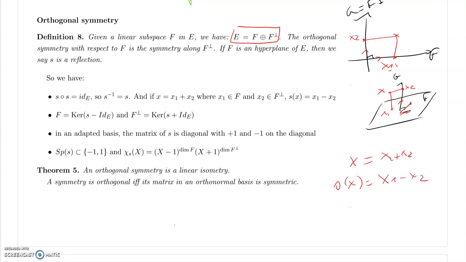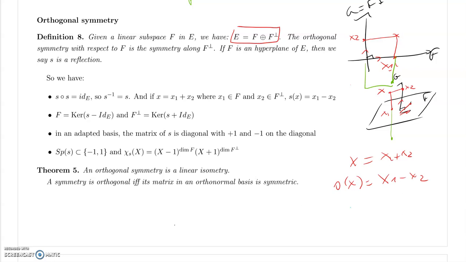You keep the x1 part and you take the opposite of the x2 part, so that brings you here. And if you're doing the same symmetry with respect to F, it brings you here. You don't have the choice of many directions, it's just going to be the orthogonal direction.